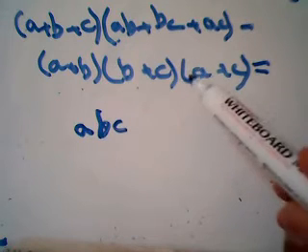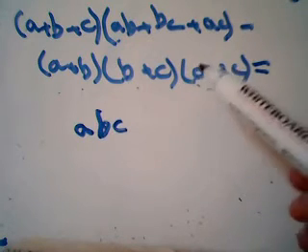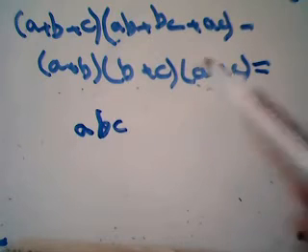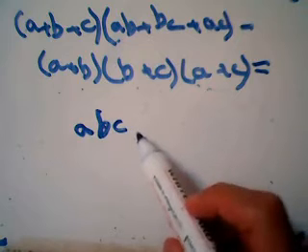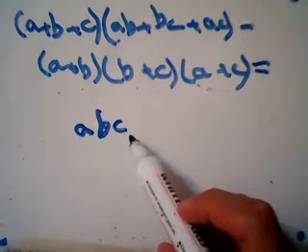If A makes it vanish, B also should make it vanish, also C. So let's look for the other factors.